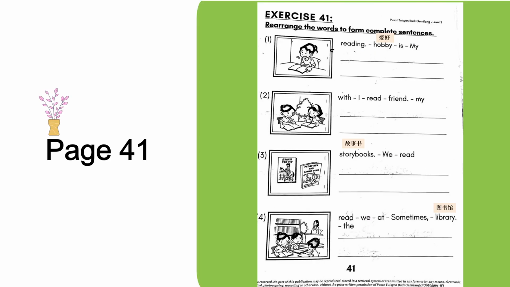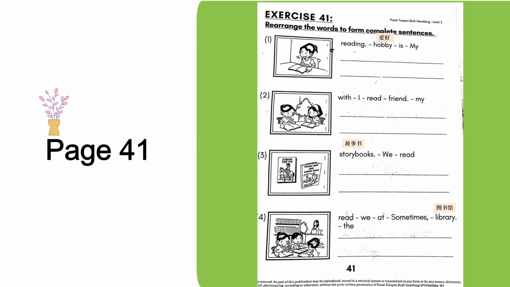One more page. Page 41. Okay, the same thing that you need to do is you are asked to rearrange the words. Okay, look at number 1. Reading. Hobby is my.